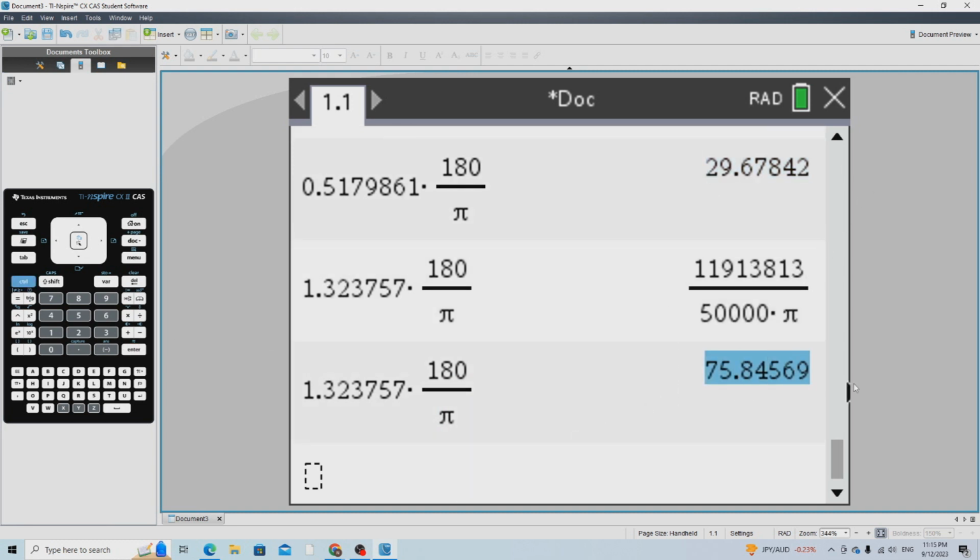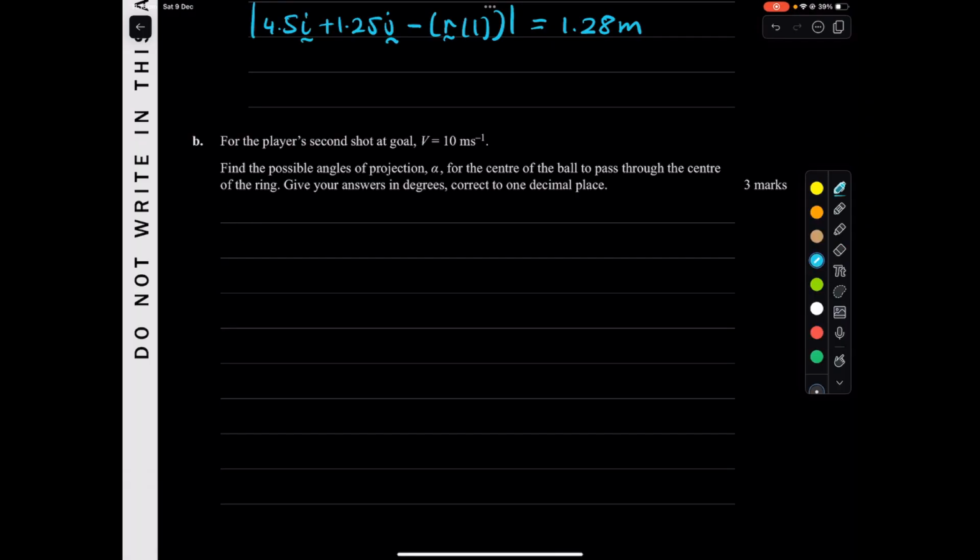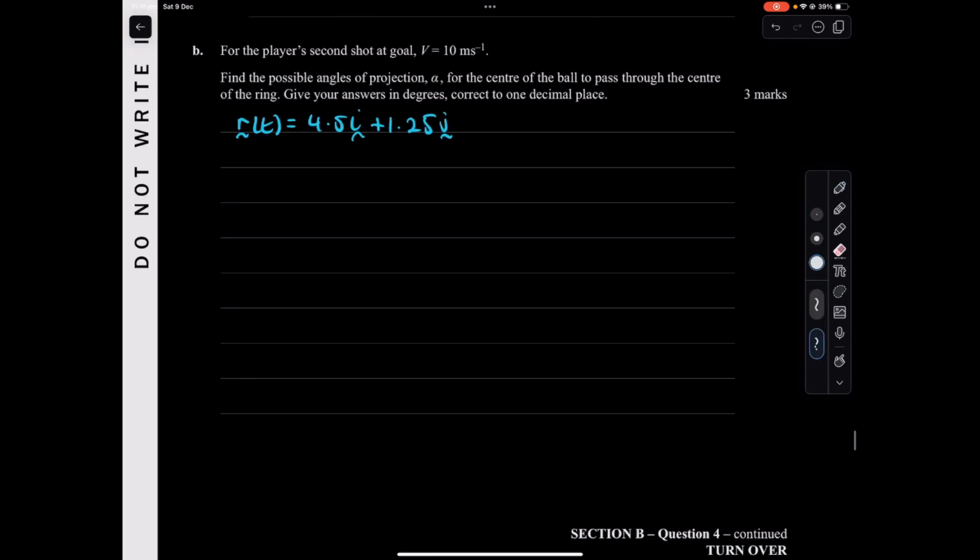So let's write the steps that we did. First we solved for r of t equals 4.5i plus 1.25j, and we solved two systems of equations.